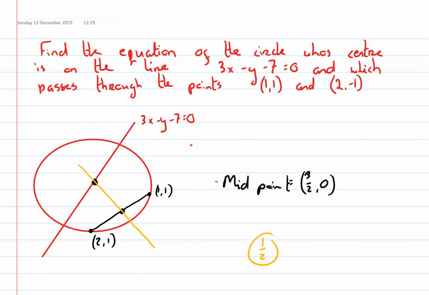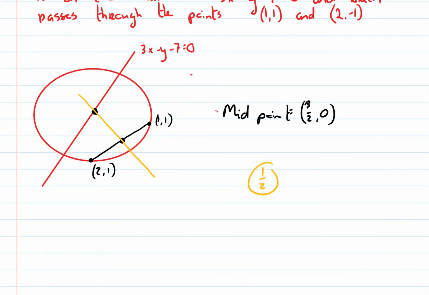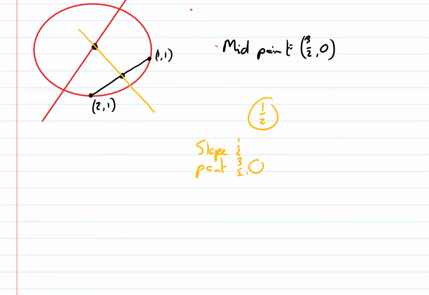So the orange line has a slope of a half and a point 3/2, 0. I can use that to find the equation of the orange line, and the equation of the orange line is 2x minus 4y minus 3 equals 0. So when I slap that information into the equation formula, that's what I get.